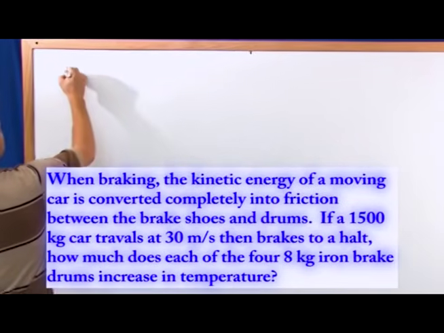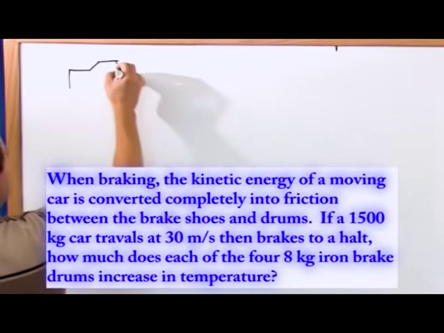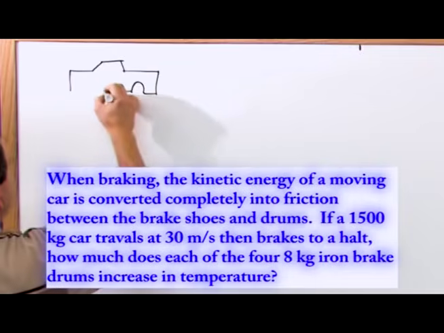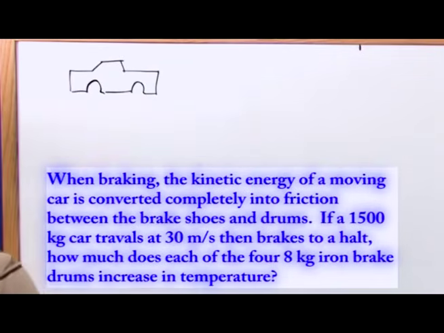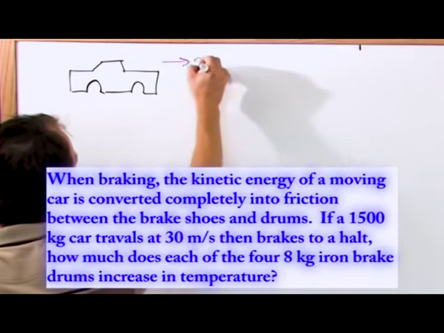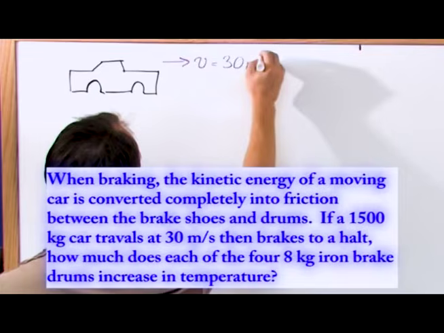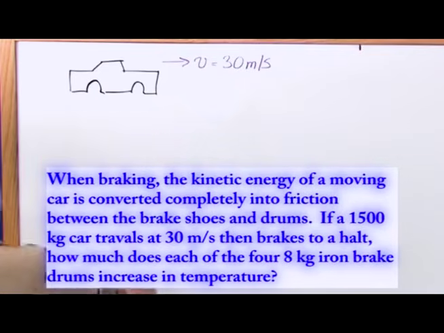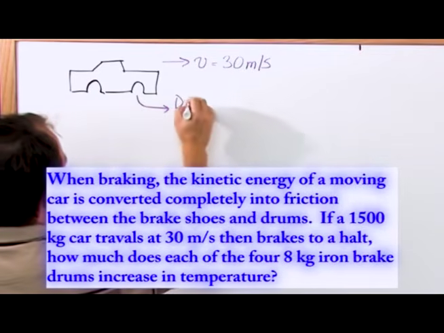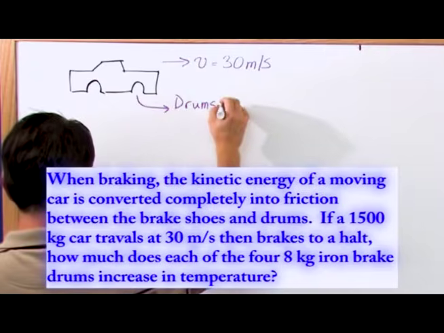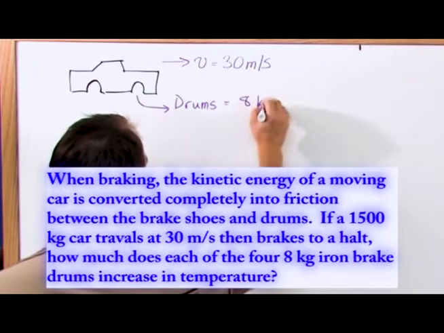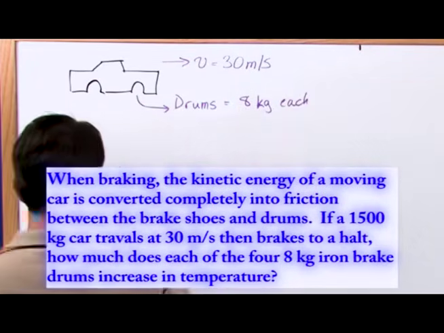I'm not an artist, so bear with me. Here what we have is basically a car. We know there's 4 wheels to a car. And we know that this guy is traveling forward at 30 meters per second. We know this, okay? These drums in the brake system are 8 kilograms each, okay?